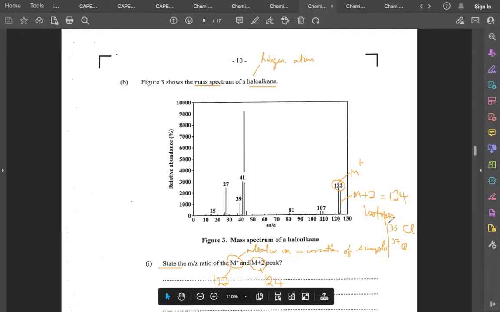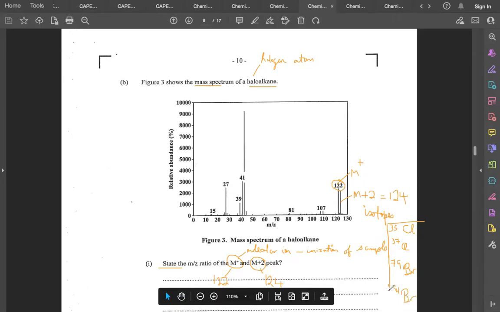Yes, miss. Okay, so the other thing I want to say is that we can also have bromine giving us an M plus 2. That's another halogen, bromine. So when bromine forms isotopes, it's going to be a 79 bromine and an 81 bromine.